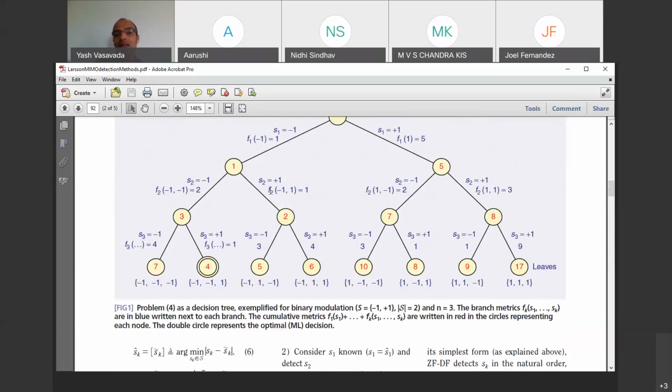And those F2 values are smaller for the case when S2 is +1, right? F2 value is only 1 in that case. Otherwise, F2 is 2. And so in the second iteration of this decision feedback, the algorithm is going to say that S2 is +1.